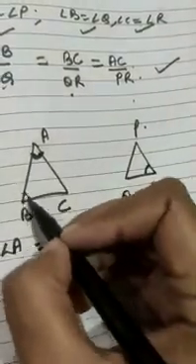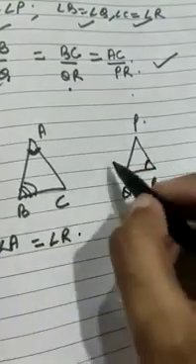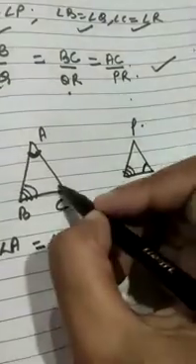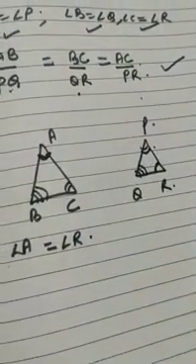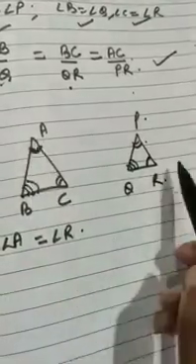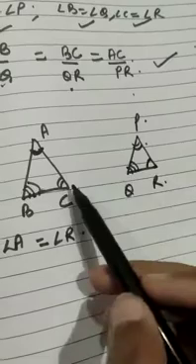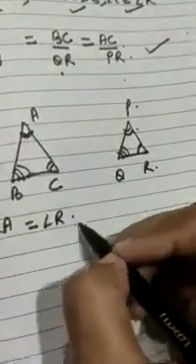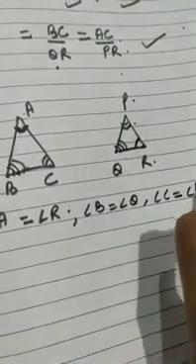And angle B is equal to angle Q and angle C is equal to angle P. Now A equals R, B equals Q, C equals P, right?